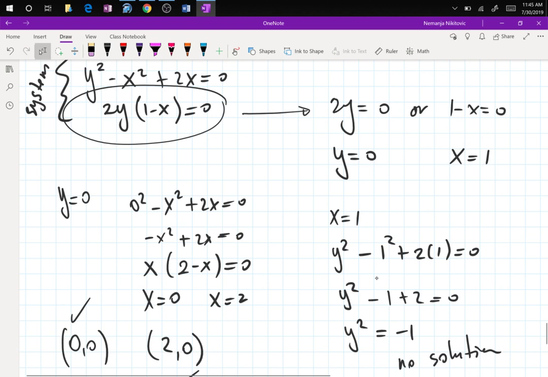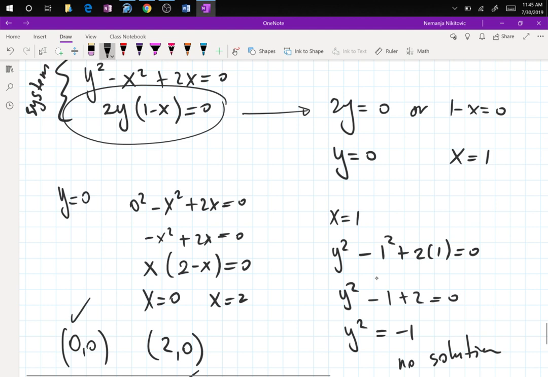Because 2y equals 0, y is equal to 0, 1 minus x equals 0, x equals 1. So we have this point. And now, if you use y equal to 0, that kills that.